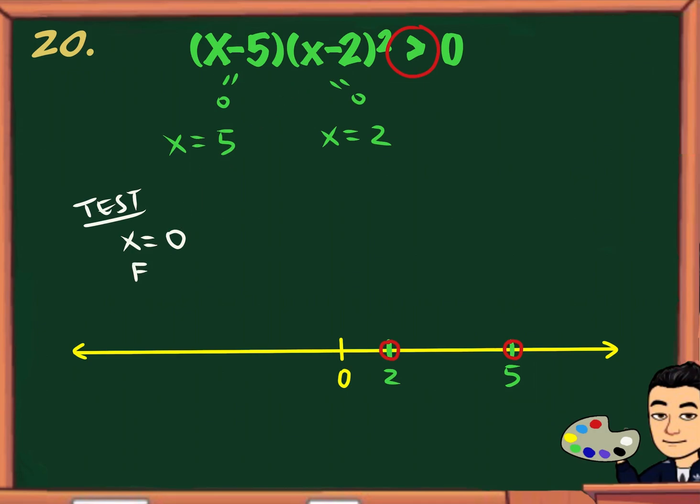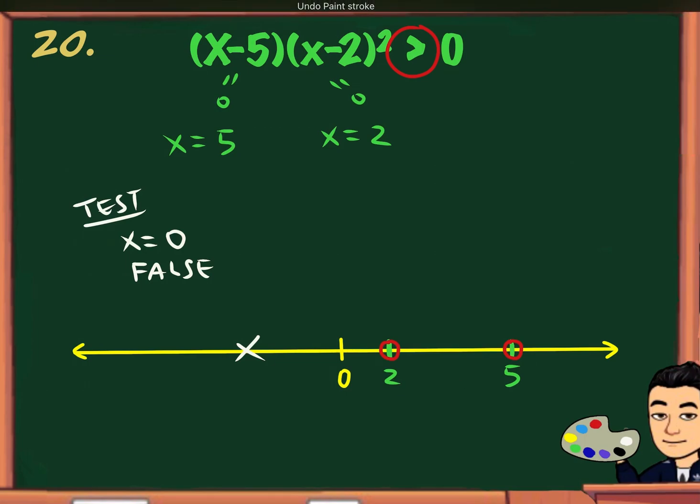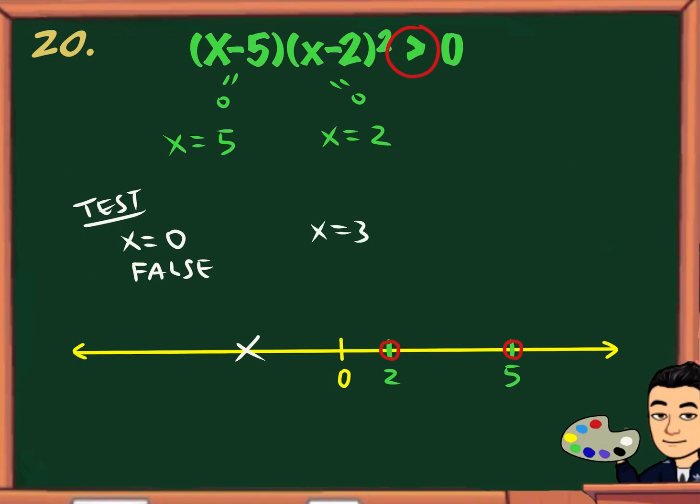So it's going to be false. If it's false, that's not going to be part of our solutions. Between 2 and 5, let's just say x equals 3, and plug 3 in for x and see if that's greater than 0. Nope, it's going to be false.